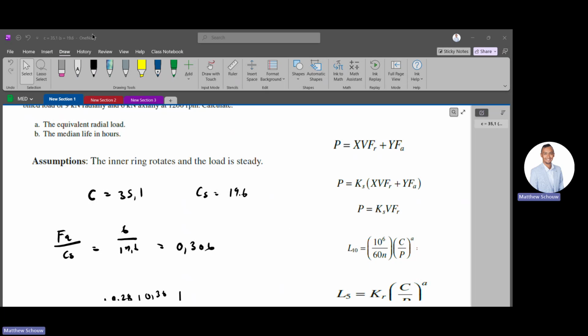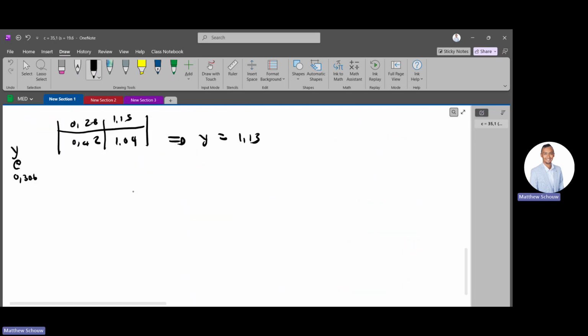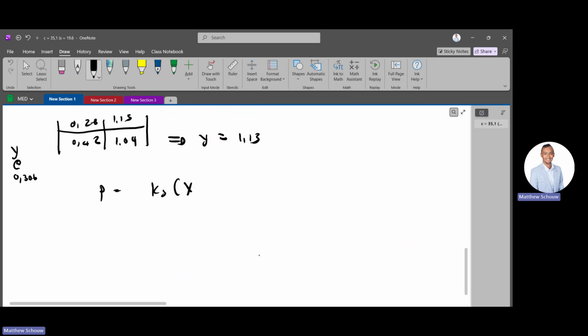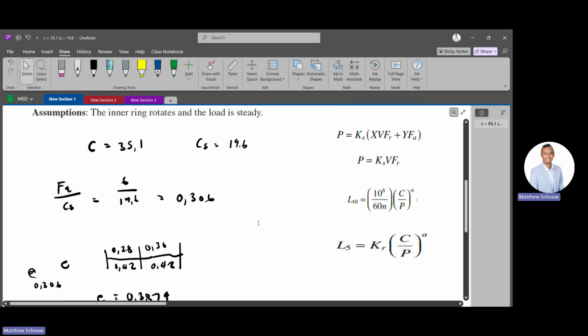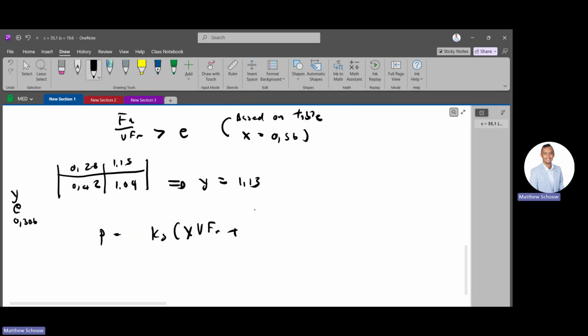So this is our equivalent radial load. Let's compute that. That's going to be P equals Ks, then it's X, forgive me, V FR plus Y FA.